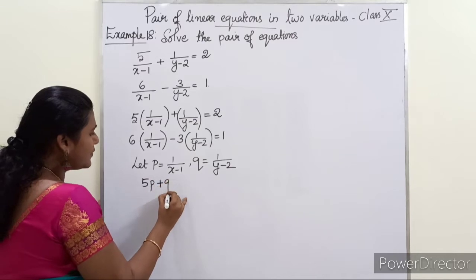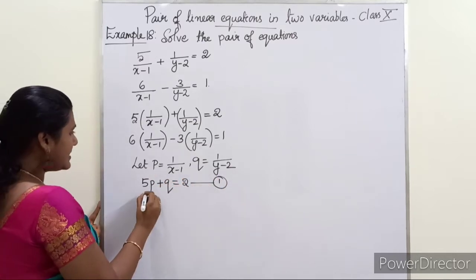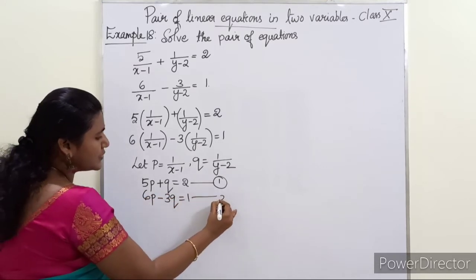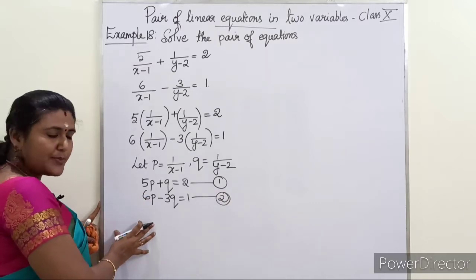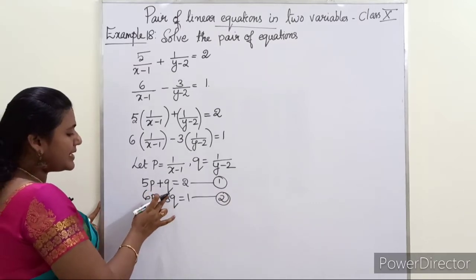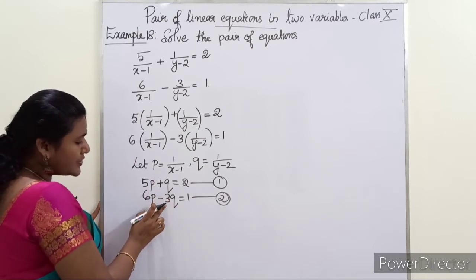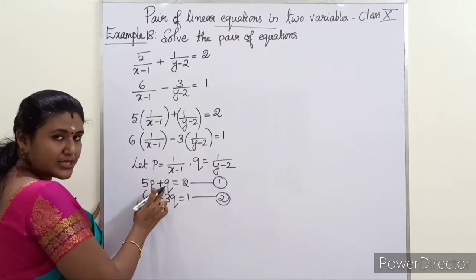Now the equations change into 5p plus q is equal to 2. This is the first equation, and 6p minus 3q is equal to 1. This is the second equation. Now again you are going to use the elimination method. I am going to eliminate variable q. In the second equation the coefficient of q is 3, but in the first equation the coefficient is 1.